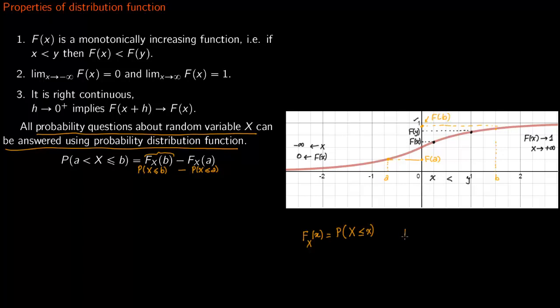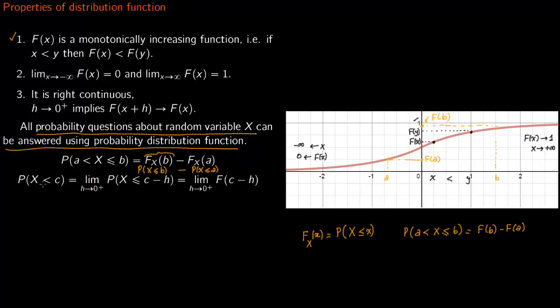So probability that random variable x lies between a and b is equal to f of b minus f of a. And notice this probability will always be positive because f of b will be more than f of a, because f of b will lie above f of a since it is a monotonically increasing function and a is less than b. So we are just using property 1 right here.